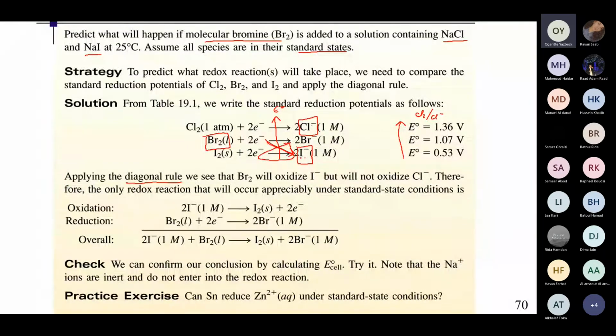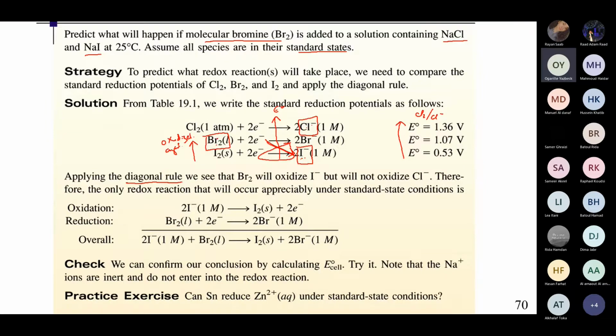The Br2 will react with the I minus, but not with the Cl minus. What type of reaction do we say when Br2 reacts with iodine? What is the Br2 going to do to iodine? I minus will oxidize. Br2 will undergo reduction.